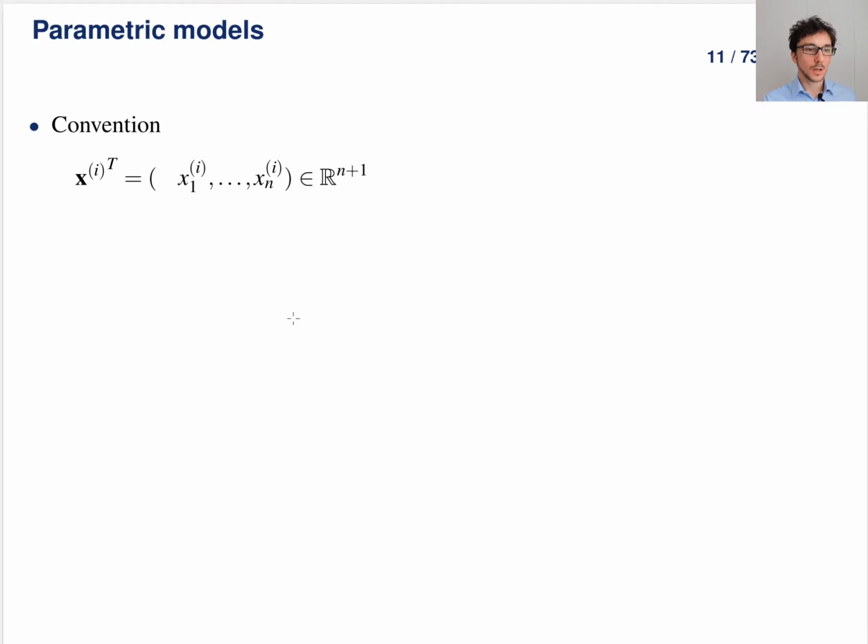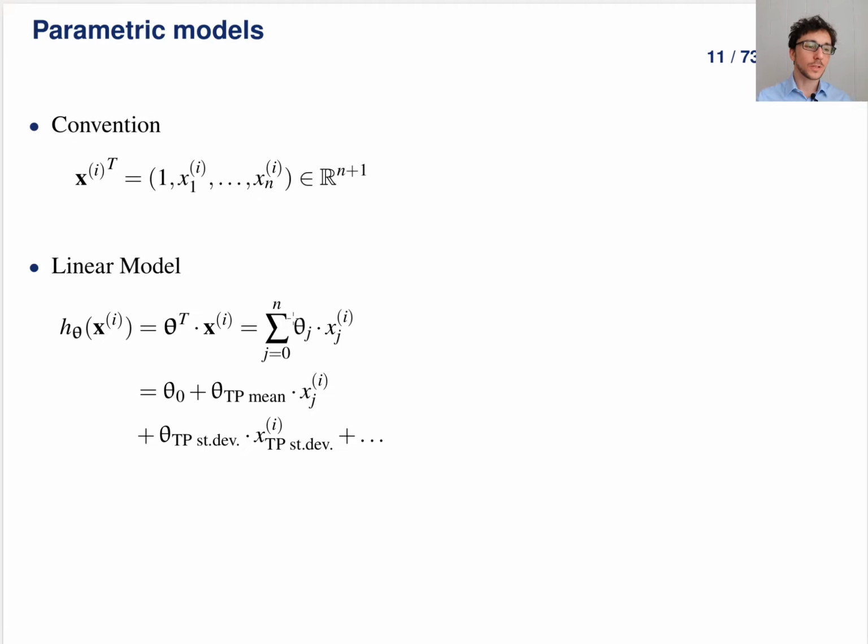But these scientists arrived to formulate a model thanks to their intuition, their ability to observe, and their reasoning. To do so, we have first to decide what is the structure of our model. For instance, if we decide to have a linear model, this is the structure we are choosing. So the approximation function in this case is just a scalar product of our vector of features of sample i multiplied by the vector of parameters.